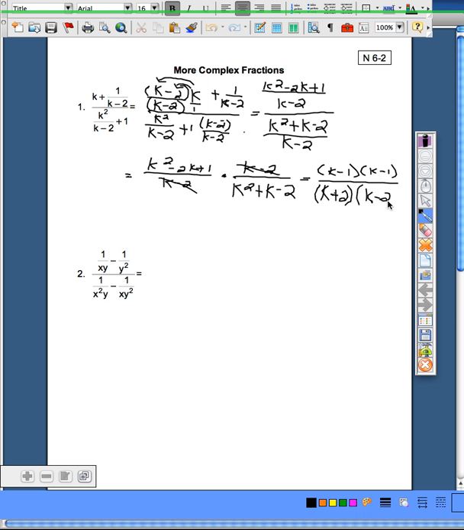And that's multiplying across, and then you see I just factored that numerator and denominator. Now I said 1 and wrote 2, so let me fix that. That should be a 1. So we see that that whole factor there can cancel. And so the final answer, simplified, is k minus 1 over k plus 2.